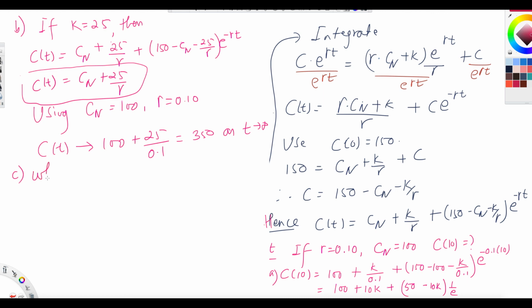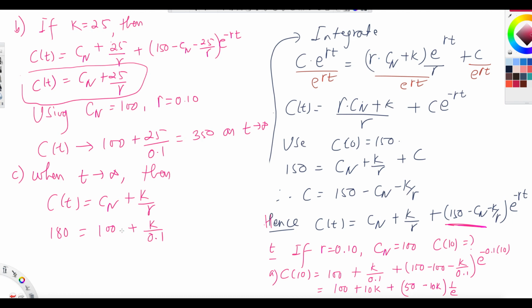In the long term, C(t) will become Cn plus k over r, because this term will go to 0. If you want to keep your cholesterol level at 180, and using the same Cn value from A, which is 100, plus k over r, which is 0.1.